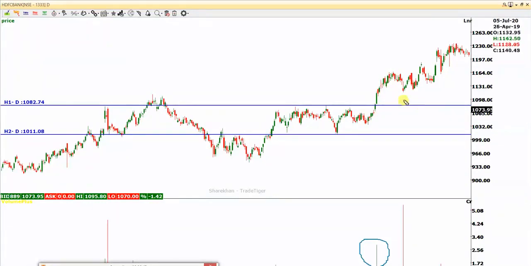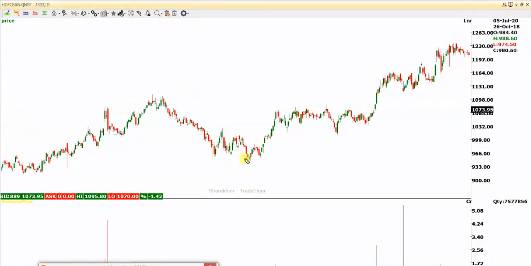Yes. So this is the time where you have to think about trades on the long side, and this is the area where you should think about trades on the short side. It can be Nifty or Bank Nifty, or any stock which has a good amount of liquidity.